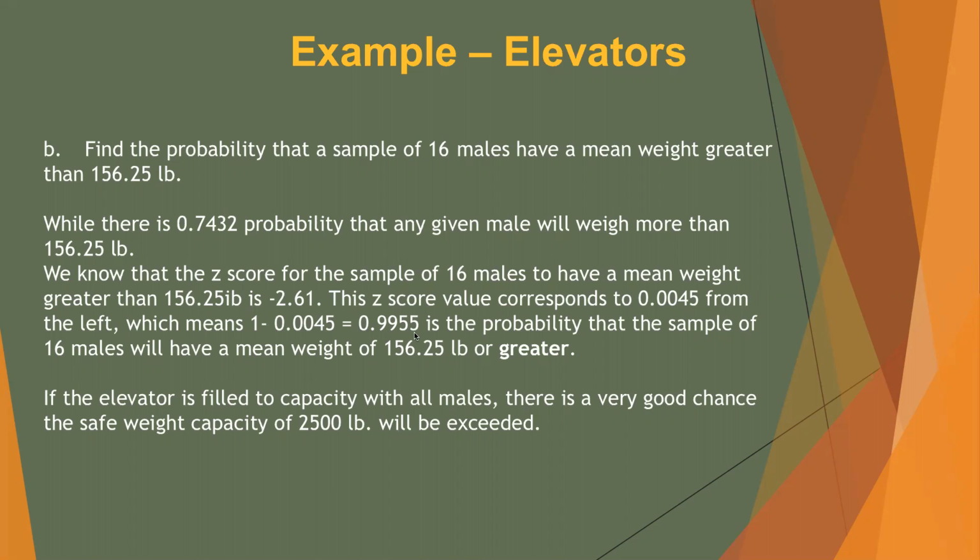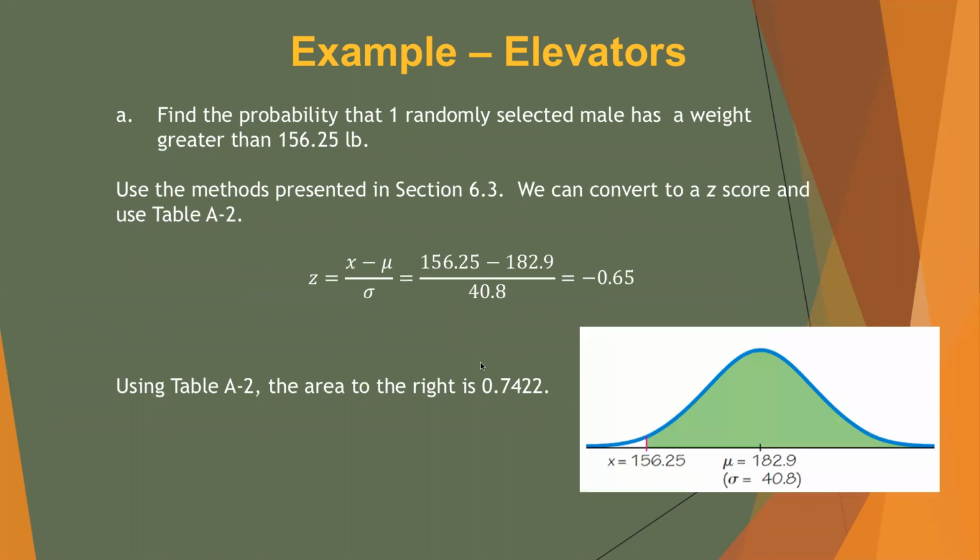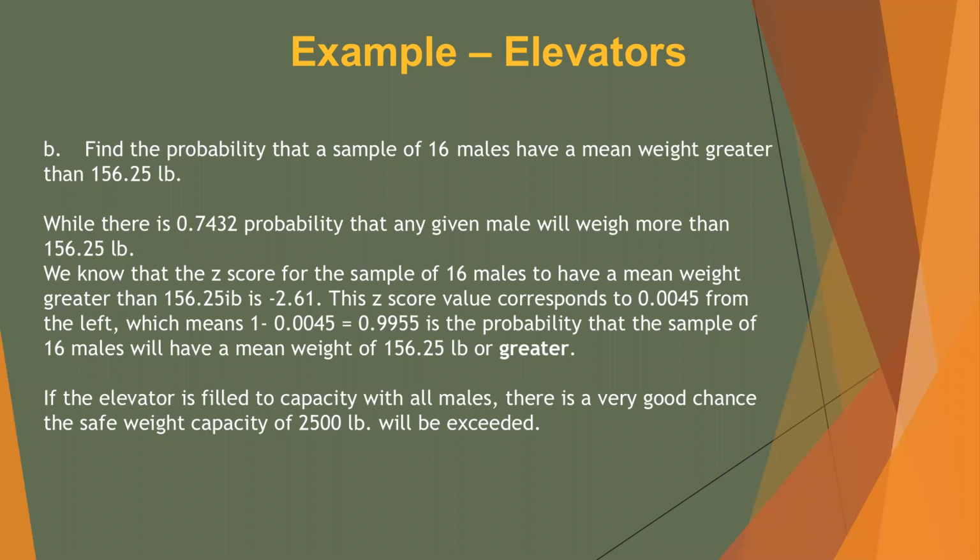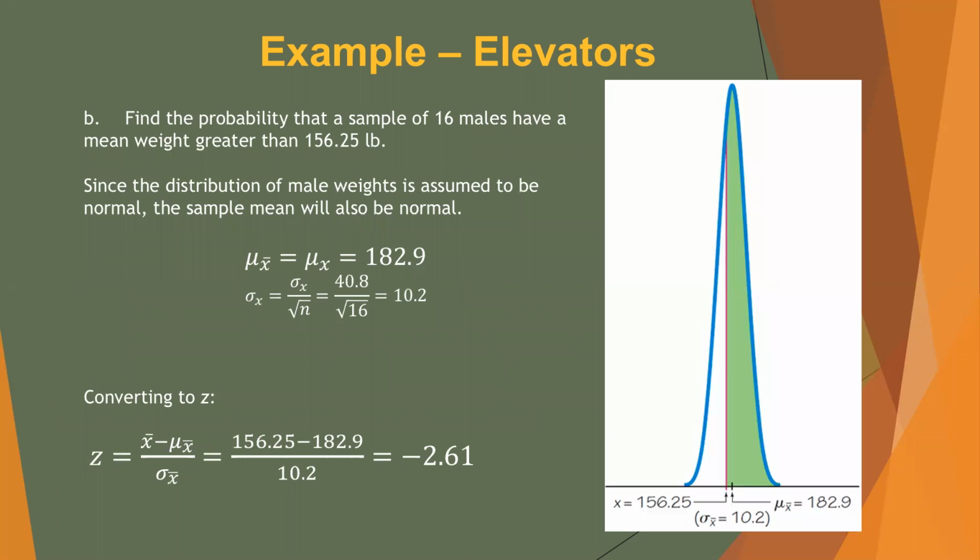In other words, about a 99.55% chance that the mean weight is going to be greater than that. So there's a very good chance the safe weight capacity will be exceeded if it's full of 16 males. It's a small nuance, but it's good to note the difference: this is individual and this is group. If you ever see a group, think that way.